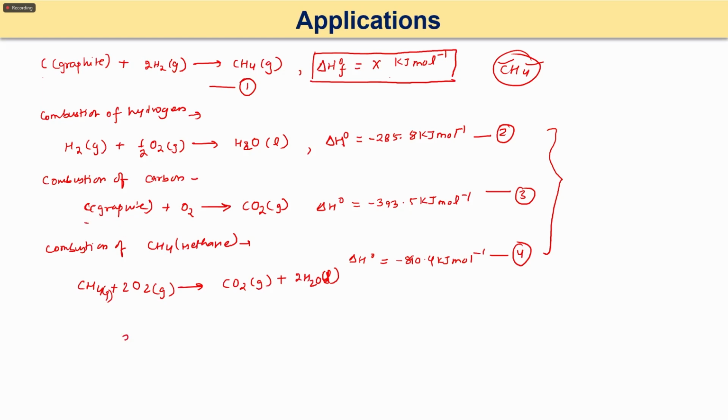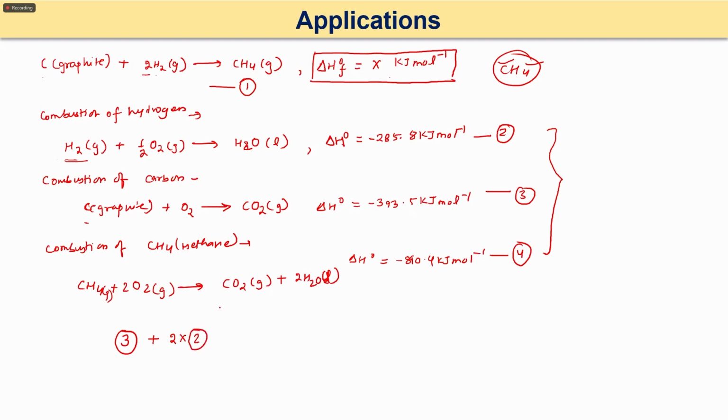We want 2 moles of hydrogen on the left side, but equation 2 has 1 mole, so we will multiply equation 2 by 2.